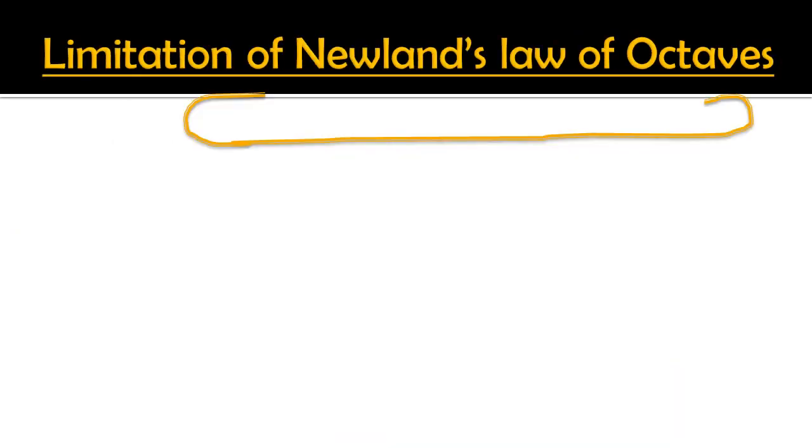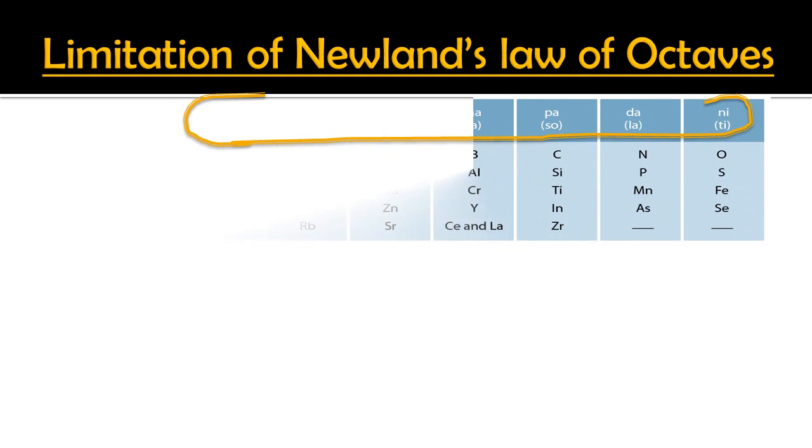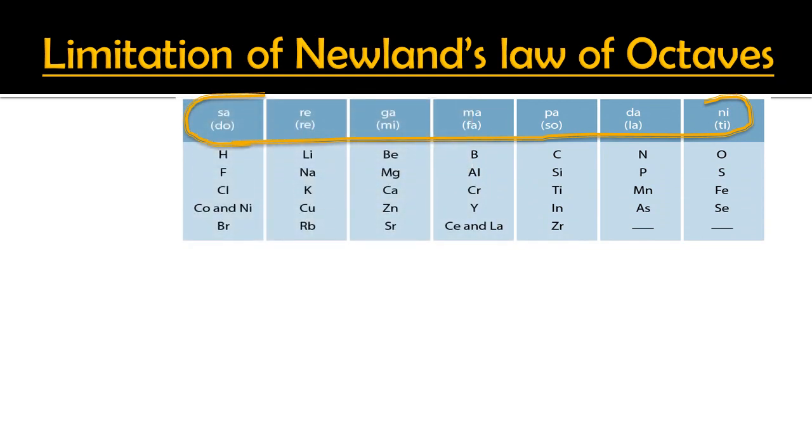Now next are the limitations of Newlands' law of octaves. Many limitations were found, and this law was found to be applicable only up to calcium. In the first column you can observe the musical notes like do, re, mi, which are the western notes, and sa, re, ga, which are the Indian musical notes.